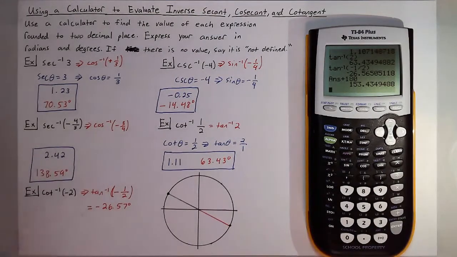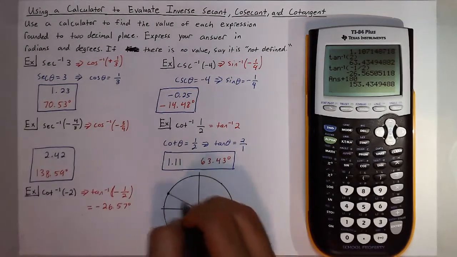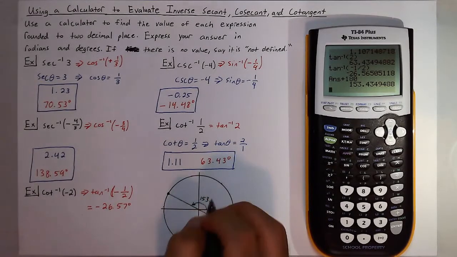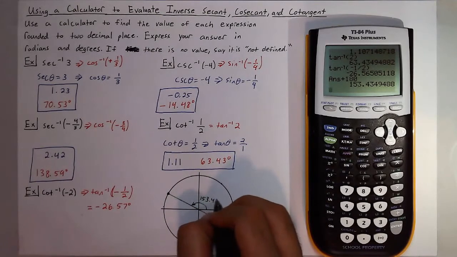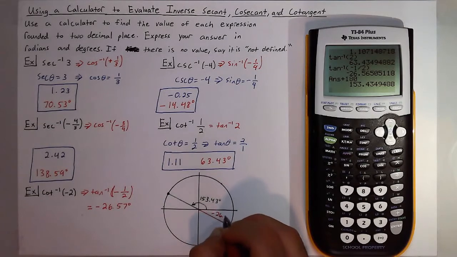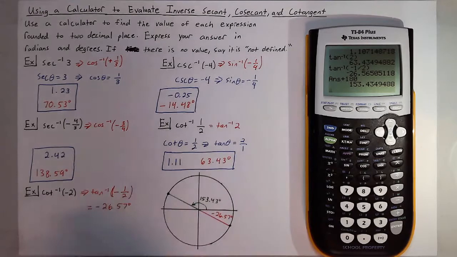And I get 153.43 degrees. And the reason why I'm doing this is so I get an answer within the output range of cotangent inverse. So the proper angle answer would be 153.43 degrees.